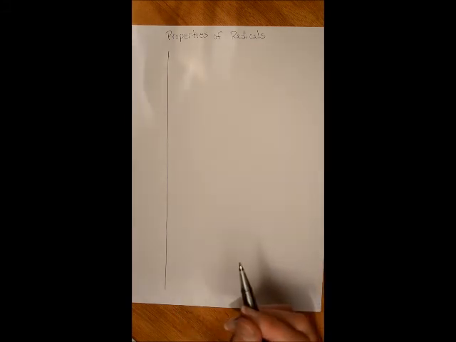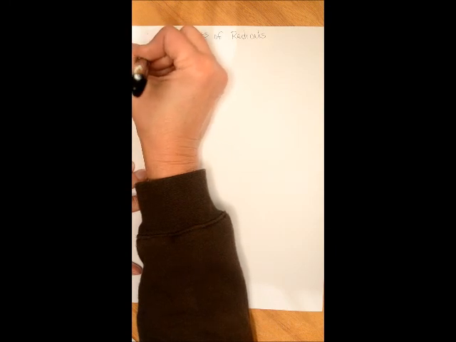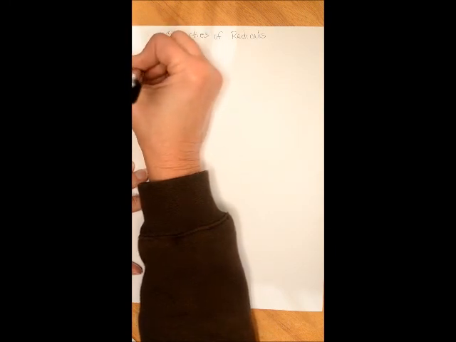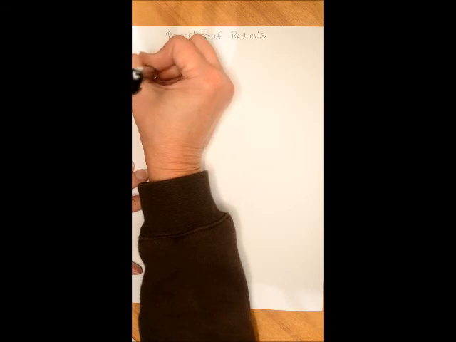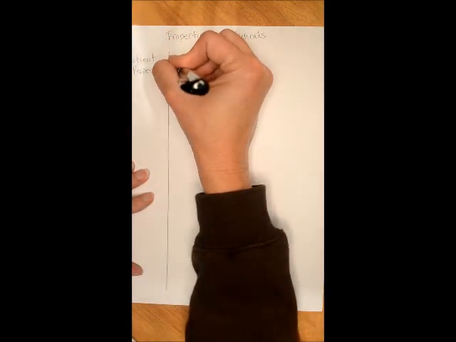Okay, we're still with properties of radicals, and we're going to look at the quotient property. The quotient property looks like this.